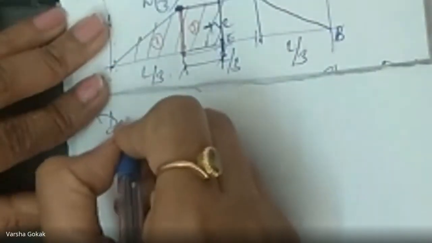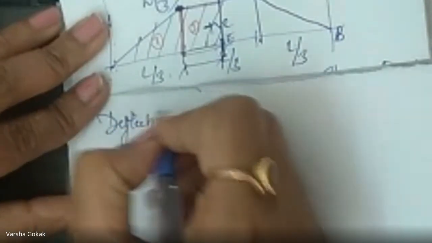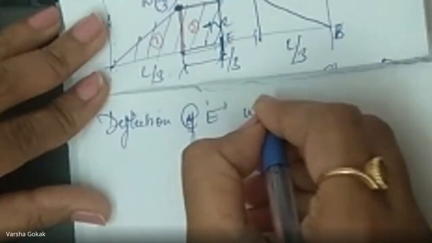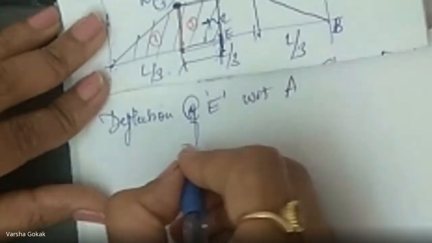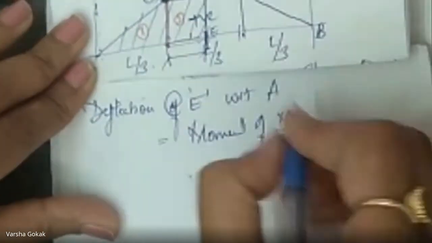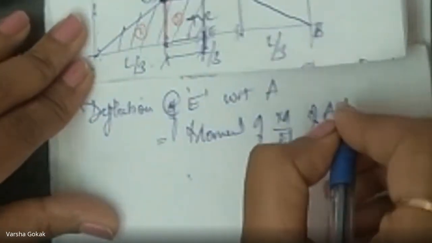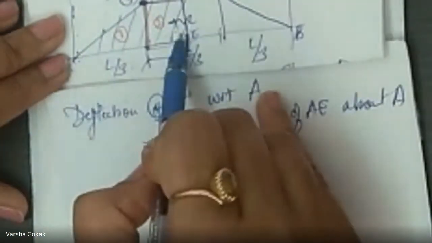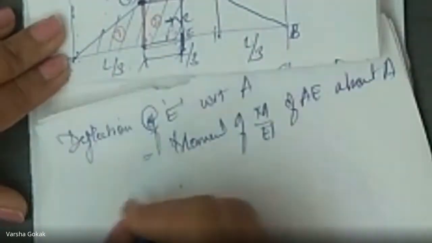Now I want to find the deflection, say, with respect to the same point. Let us find the deflection. So to find the deflection of E, or deflection at E, with respect to A, I have to find. This is got by taking the moment of M by EI diagram of AE about point A. With respect to this, I have to take the moment of this entire area to find the deflection at this point, right?